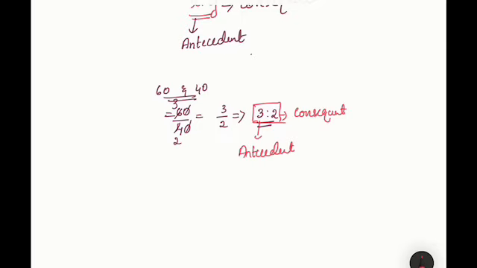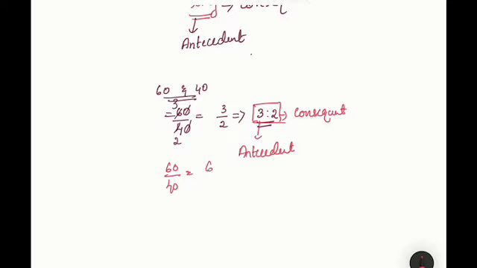So this is how you compare. Whenever you have to compare the ratios, we have to divide. You have done simplification of fractions in your previous class, in your 5th standard. We are doing the ratio in a similar way. We compare it, we simplify it, and you need to make it in the simplest form. Here we got 60 by 40.